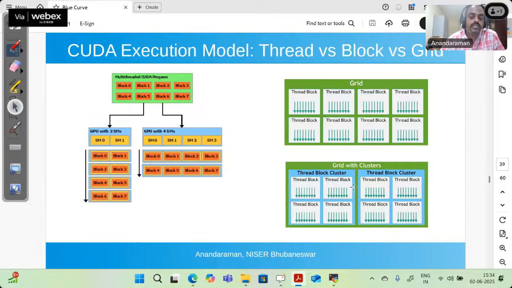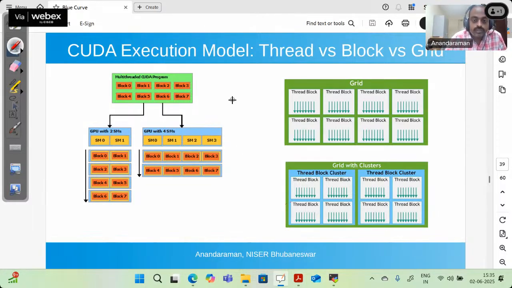In this grid, in this block, in this thread, you do this. For example, I have 10 grids, each grid has 10 blocks and each block has 10 threads. So in total, how many threads do I have?